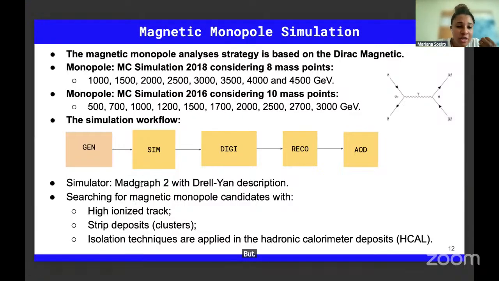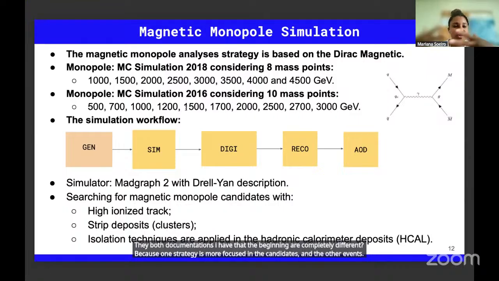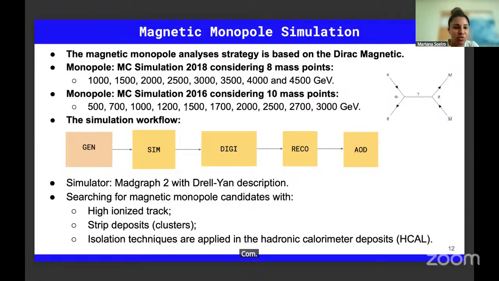The first strategies have mass points in the lower part, and maybe this is not working well. But both documentations I had at the beginning are completely different, because one strategy is more focused on the candidates and the other on the events. It is difficult to concatenate and understand what is the best one.